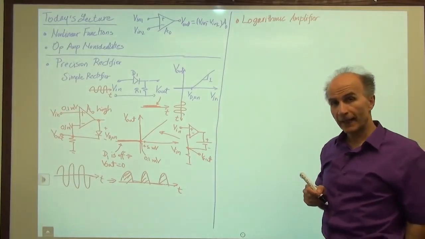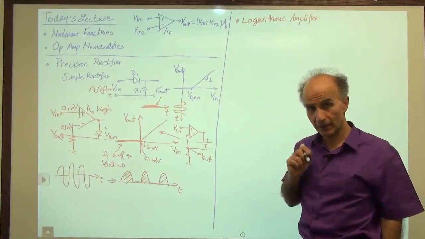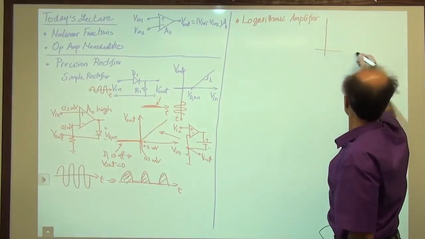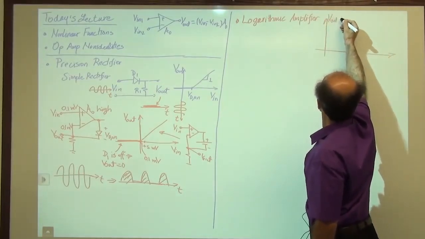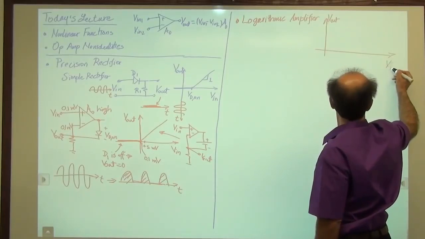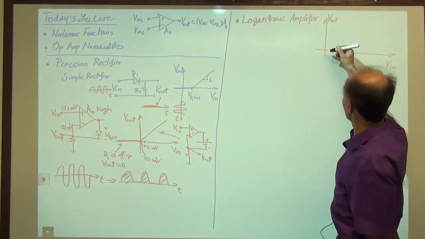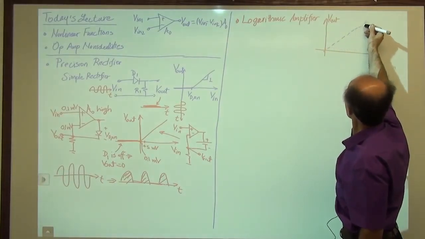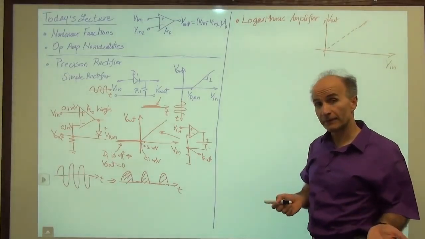Well, what this means is that if we plot the input-output characteristic of this amplifier, so if we plot V out as a function of V in, for a conventional amplifier, it would be ideally like this. It's a straight line. That's what you would like to have for a simple amplifier, right? We would like to have a straight line. That's what we call a linear amplifier.